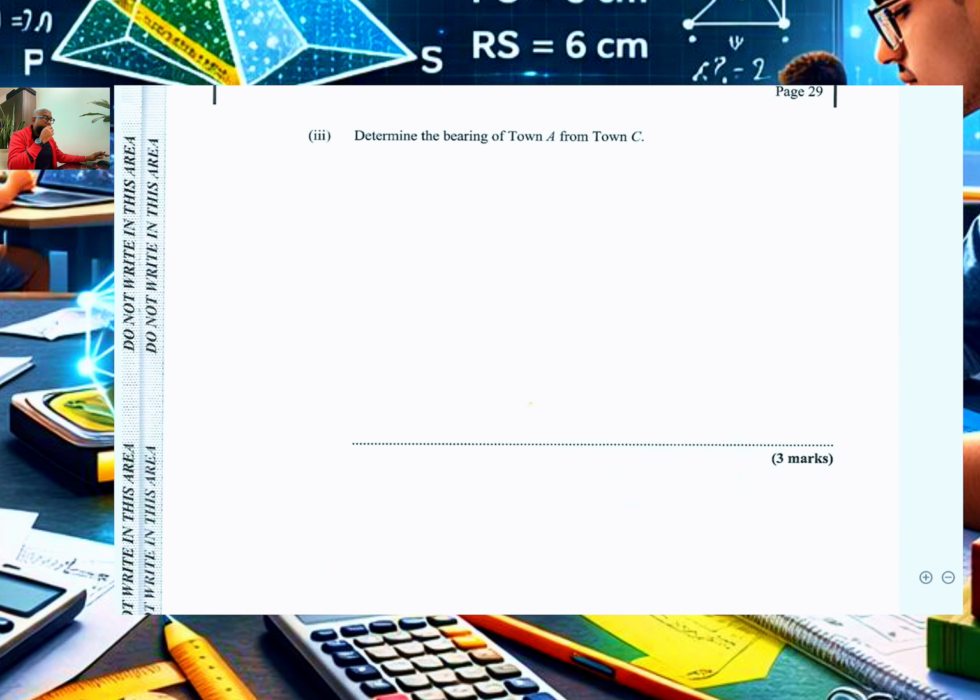So determine the bearing of town A from town C. What is most important when we're doing bearings? I said it all week in all the videos. The most important thing is where we are coming from. Where are we coming from?